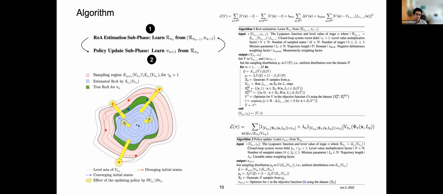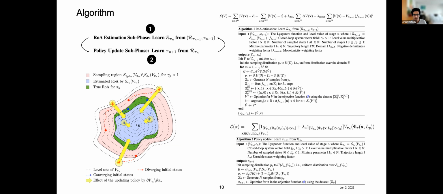So there are multiple iterations of learning the Lyapunov function, and when it reaches a good state, we fix the Lyapunov function and do some iterations to learn the controller. The criterion that the controller has to satisfy is including some of the unstable points in the region of attraction.